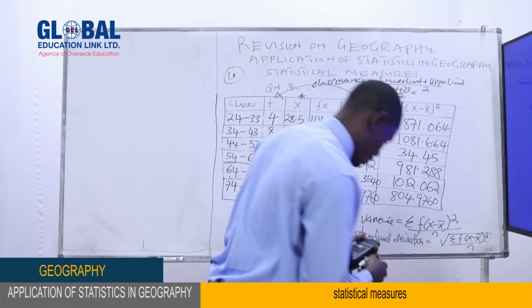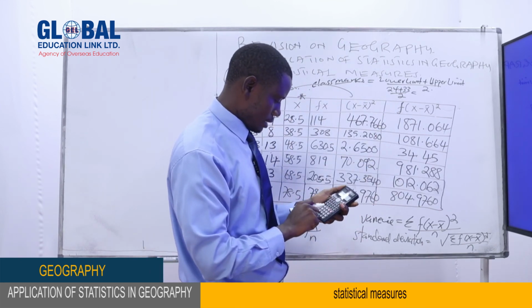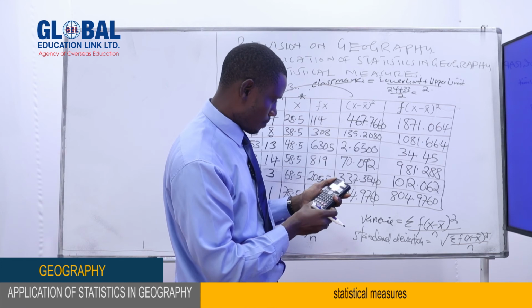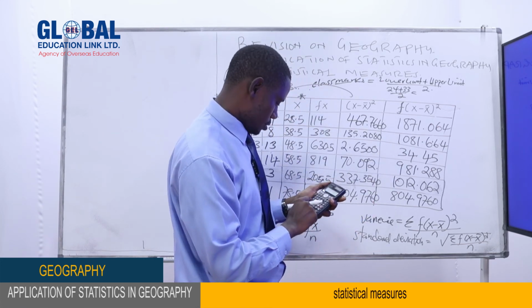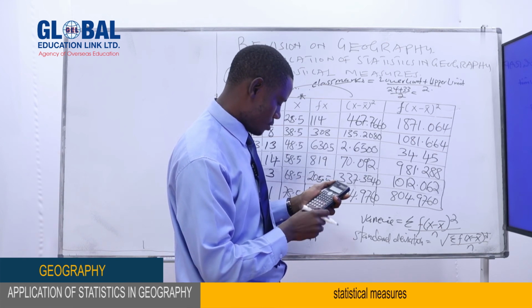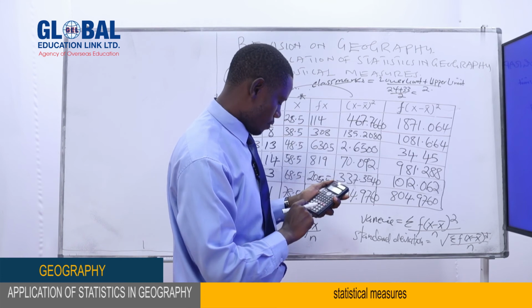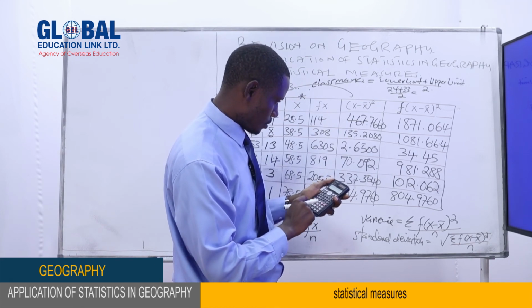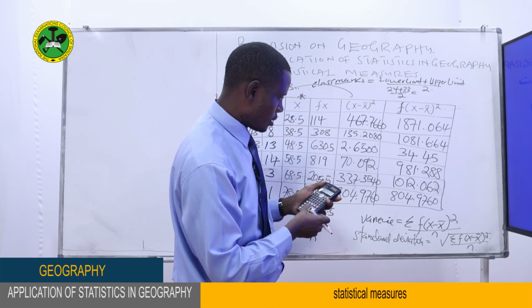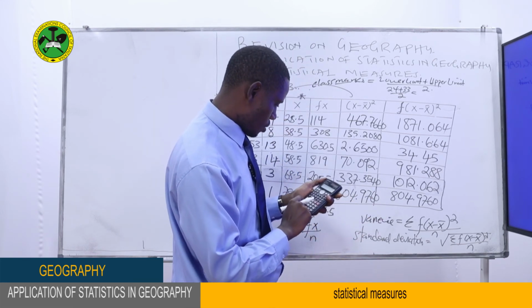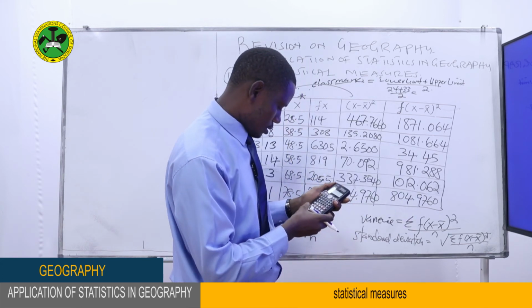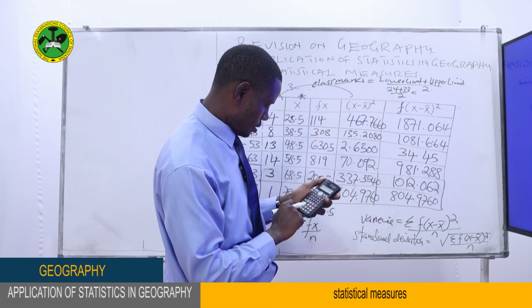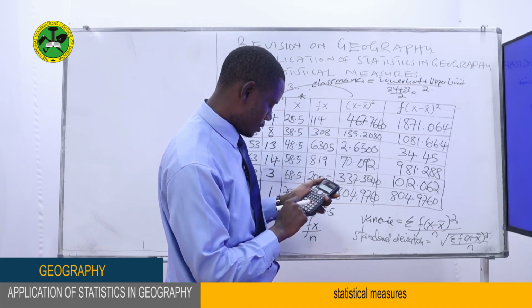If we go for the summation of that column, what we do, we take 1871.064, then we plus 1081.664 plus 34.45 plus 981.288, then we plus 1012.062 plus 804.9760.